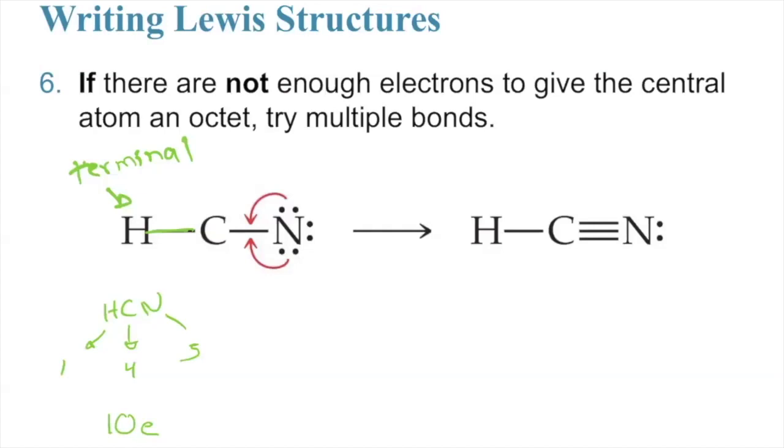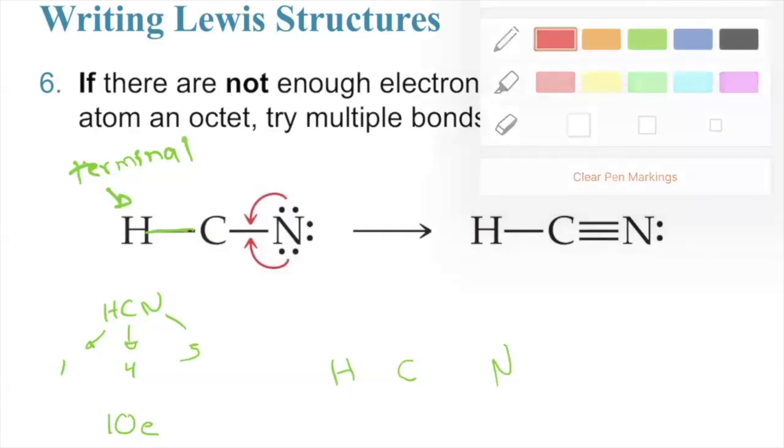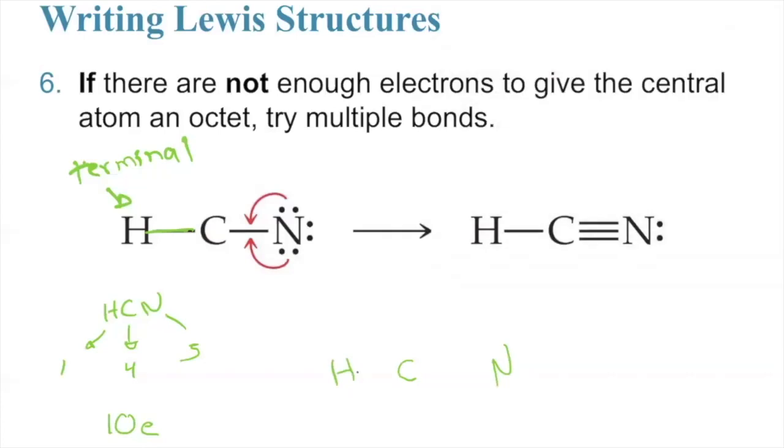So hydrogen likes to be terminal. So we're going to put hydrogen, carbon, and nitrogen. The first thing you want to do is connect them. So that's 2, 4.